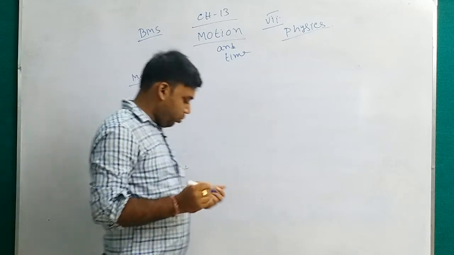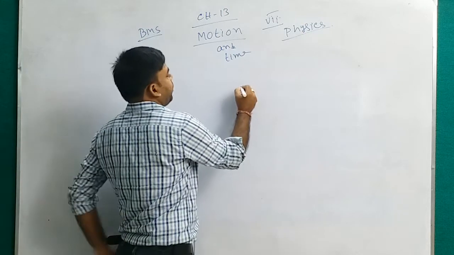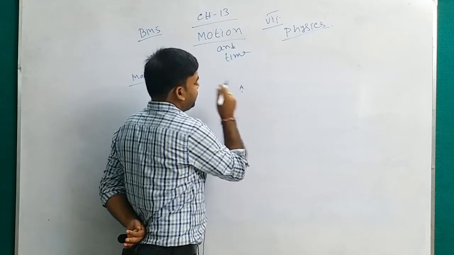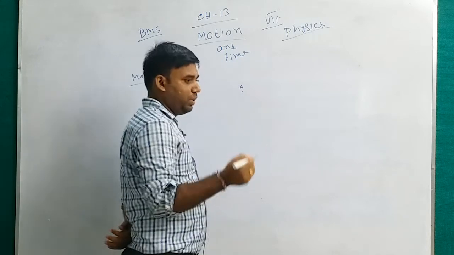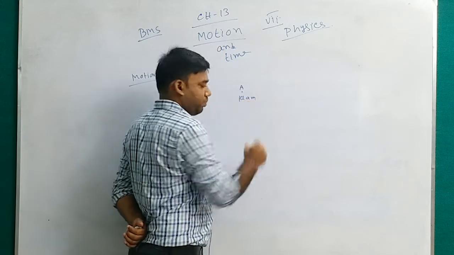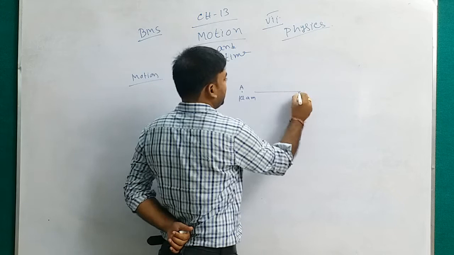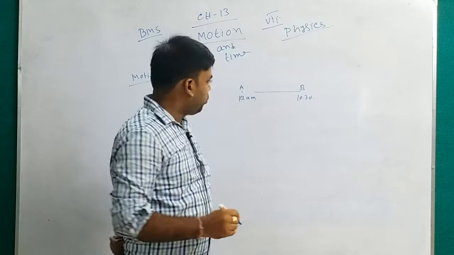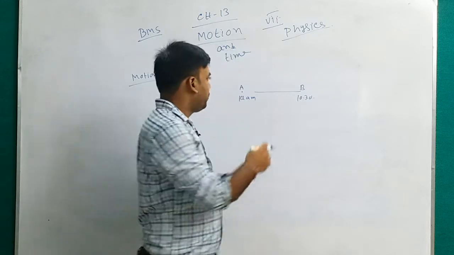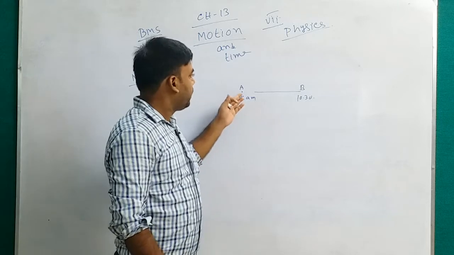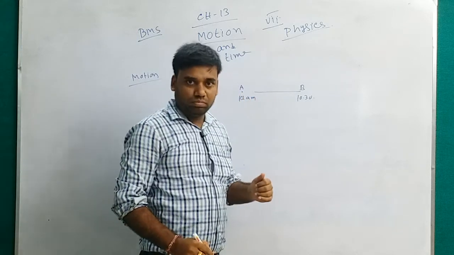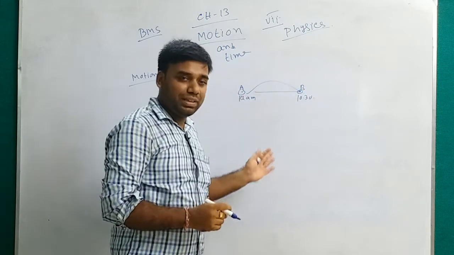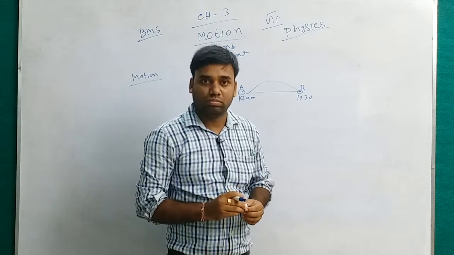Suppose a particle or a body starts moving from here at 10 a.m. After 30 minutes, that is 10:30, it reaches the point B. So with changing of time, a particle or a body changes its position, and we can say the particle is in motion.